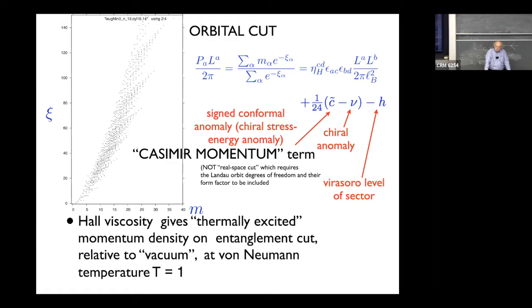What actually comes out of it, if I now put the entanglement spectrum on a cylinder, is that I interpret this as a set of energy levels at temperature 1. The ground state is down here, fictitious temperature 0, but I want to calculate how the momentum is shifted relative to the ground state at temperature 1, and that's exactly what this calculates. And so the leading term, which is proportional to L squared in this case, gives you the Hall viscosity or the quadrupole tensor.